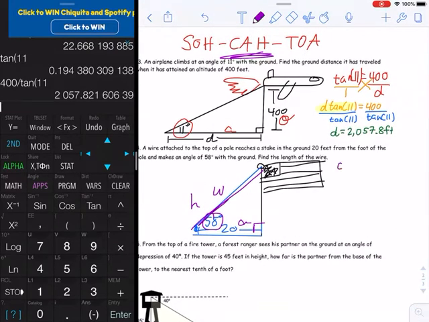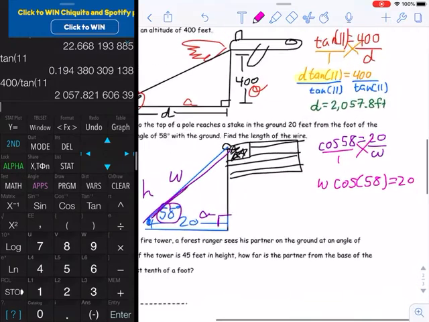So we haven't used cosine yet today. So I'm going to have cosine of 58 equals adjacent 20 over the length of the wire. W cosine 58, which is just some number, equals 20.